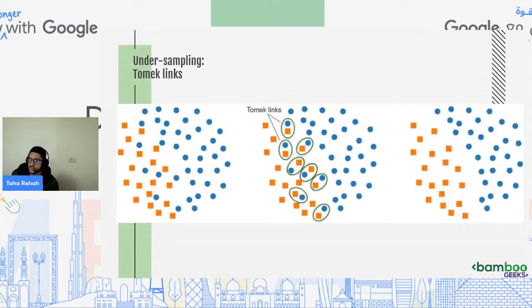It's going to look for data points that are close to the other class. For example, we have class 1 and class 2. It's going to look for points from class 2 that are very close to class 1, and delete those class 2 points. This is an undersampling technique, and it's going to be useful.